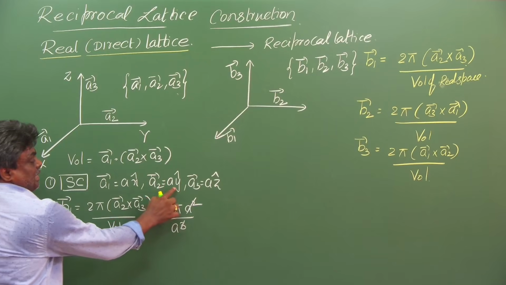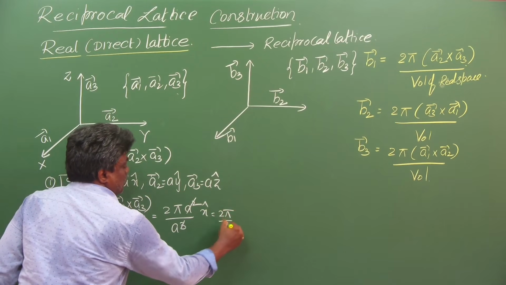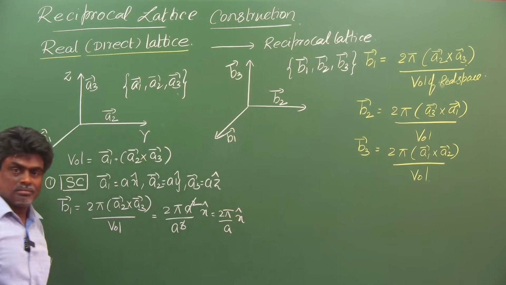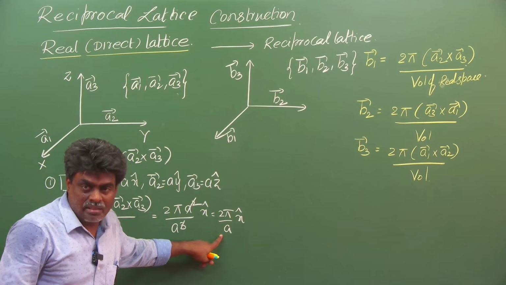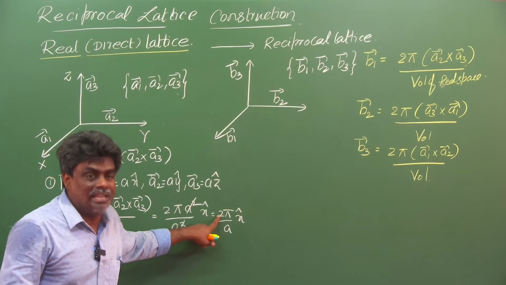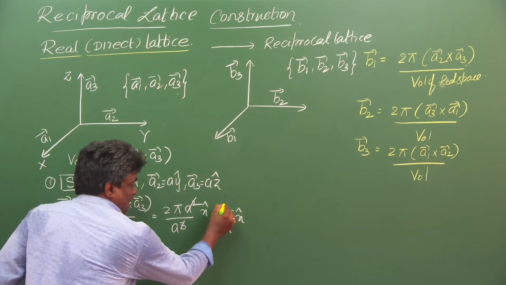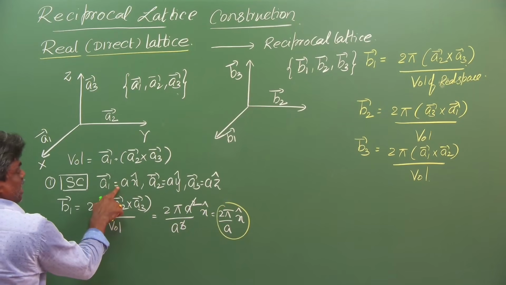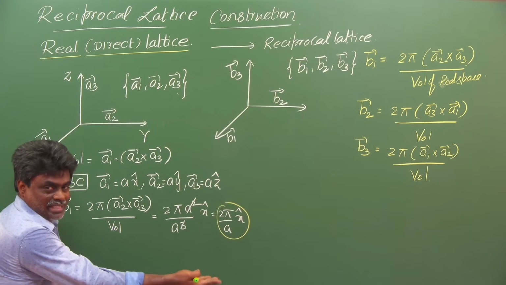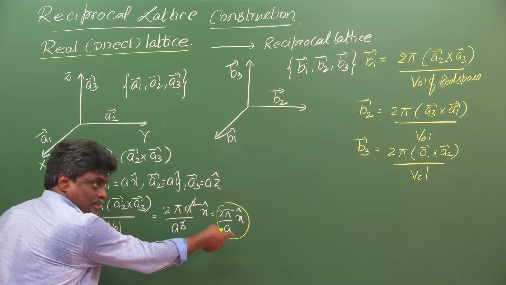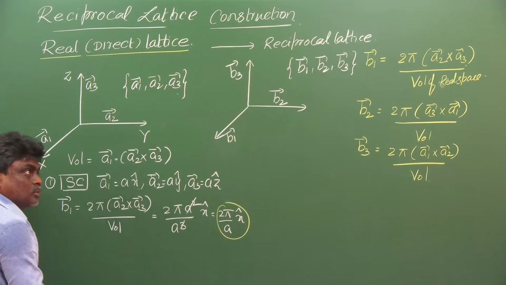A2 cross A3 is Y cap cross Z cap, so finally 2 pi by A. Since it is a reciprocal lattice, you got 1 by A, and 2 pi is called simply a scaling factor. That's why A X is transformed to X cap. That means the reciprocal lattice is also quite similar to simple cubic.